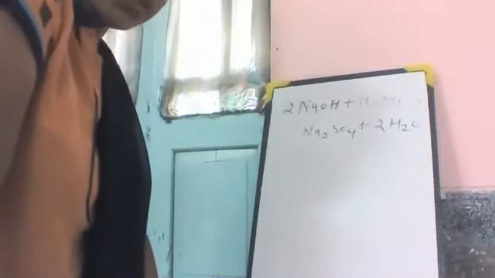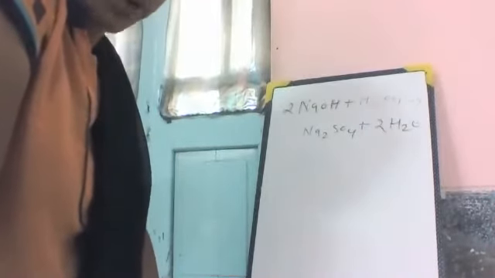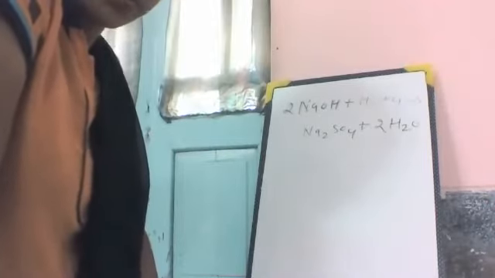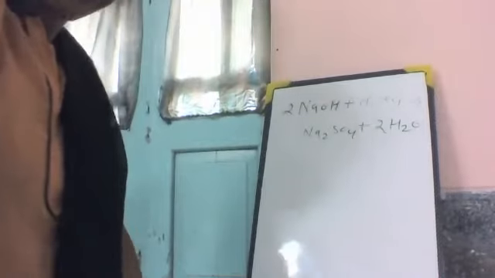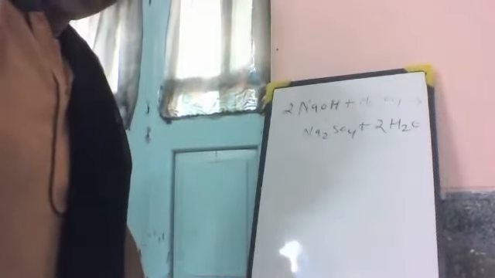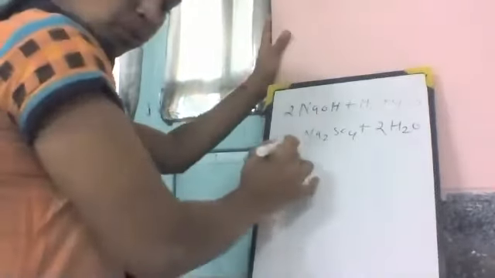About molecular mass, it gives the information about the molecular mass. How is it possible? Have a look. 80 parts by weight of sodium hydroxide react with 98 parts by weight of sulfuric acid to produce 142 parts by weight of sodium sulfate and 36 parts by weight of water.